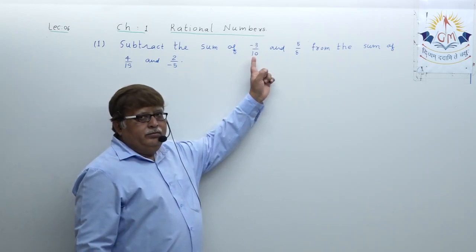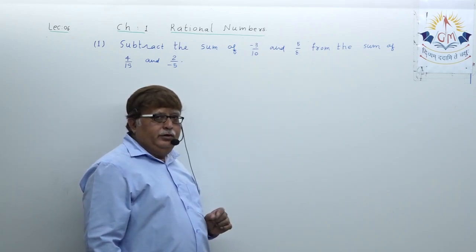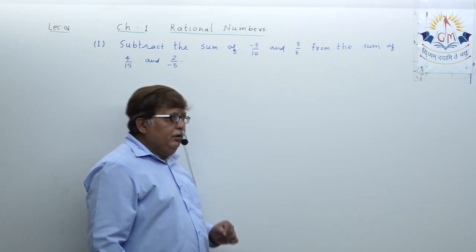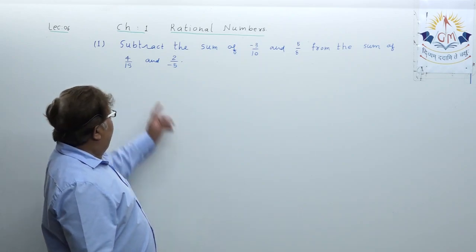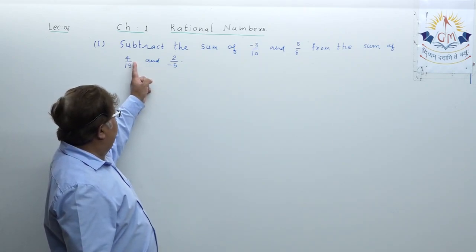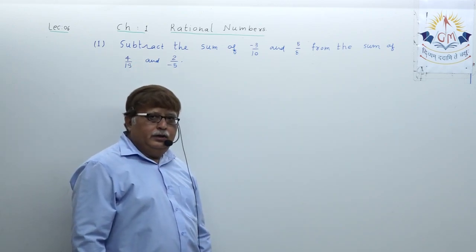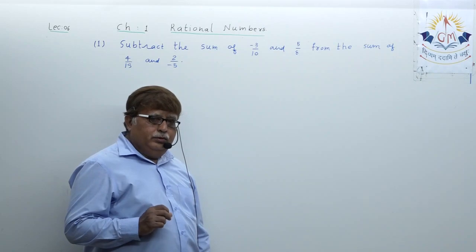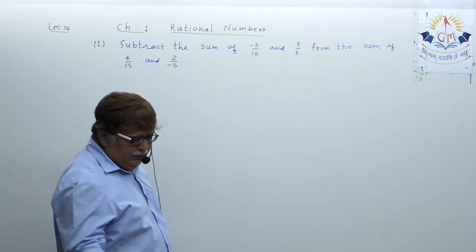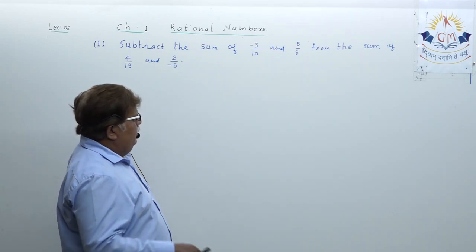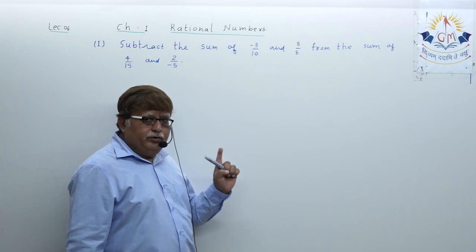Subtract the sum of minus 3 upon 10 and 5 upon 8 from the sum of 4 upon 15 and 2 upon minus 5. First you understand the question properly.